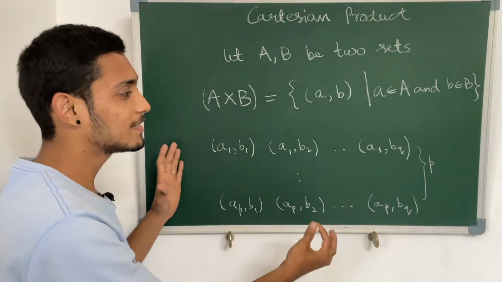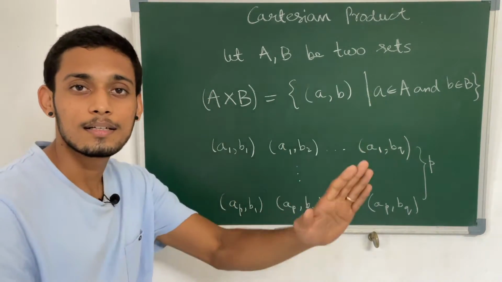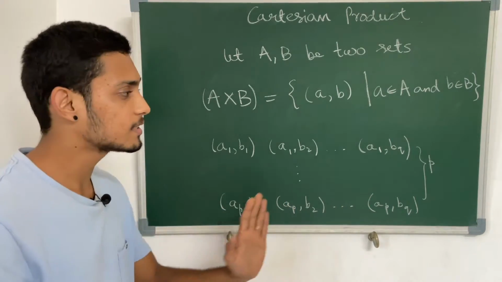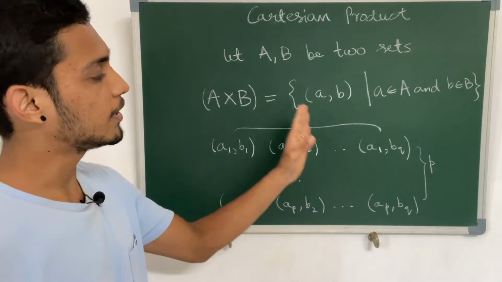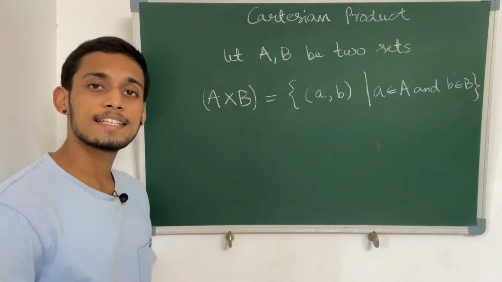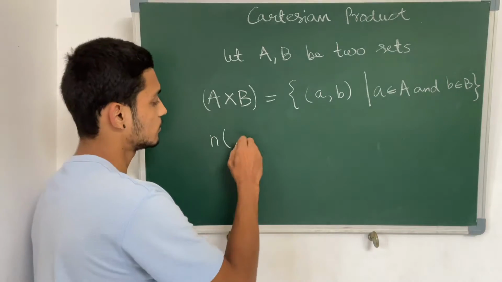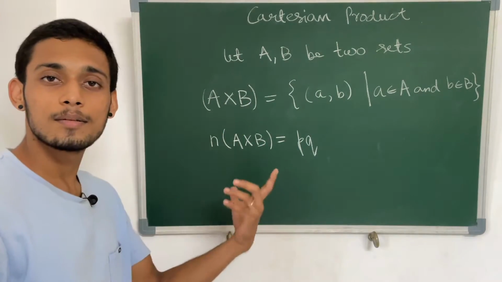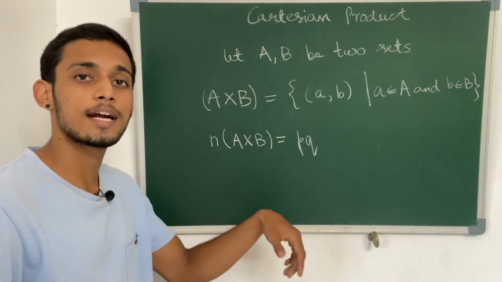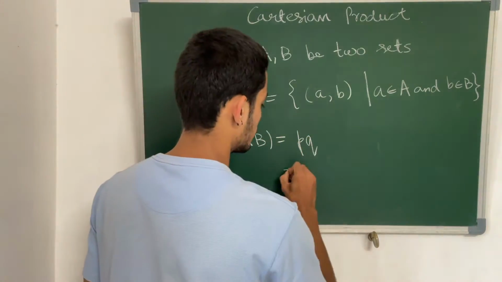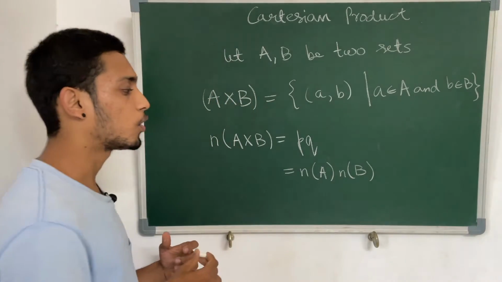The number of elements is basically number of rows into number of columns, that is P into Q. Correct? So the size is P into Q. From this we understand the cardinality is P into Q. But what is P? It's the cardinality of the set A, and Q is the cardinality of set B. This is a very important result.